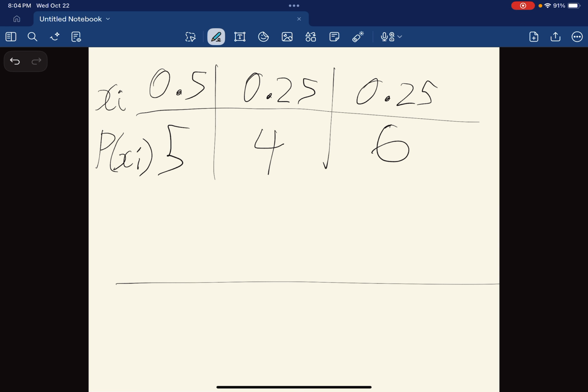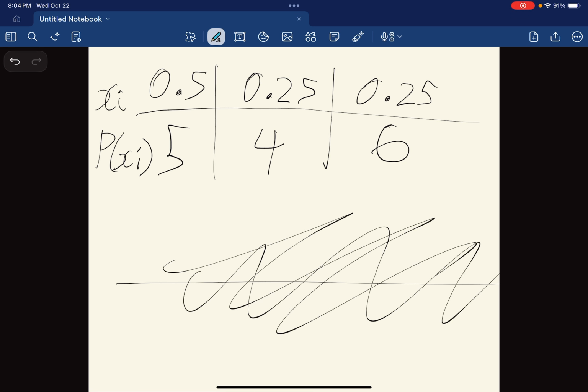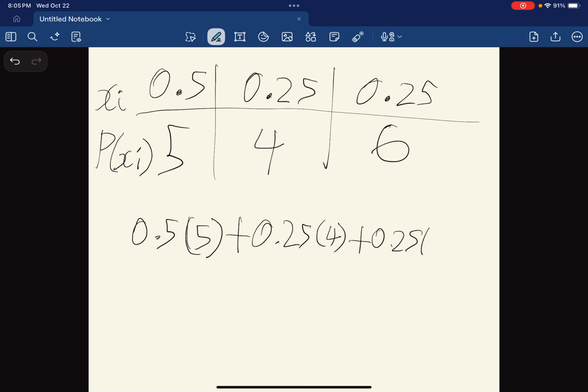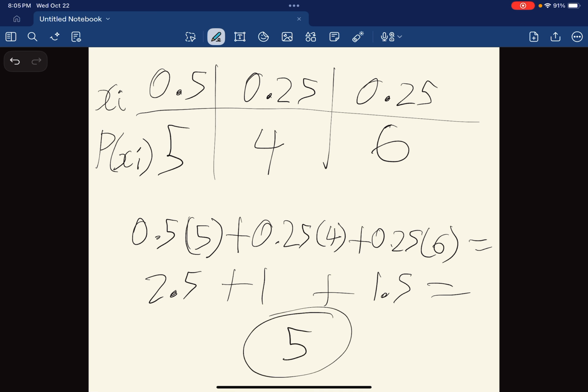So instead of memorizing that formula, you can just do 0.5 times 5 plus 0.25 times 4 plus 0.25 times 6 equals, that should give you 2.5, plus 1, plus 1.5, so that would give you 5. So your expected value here is 5.